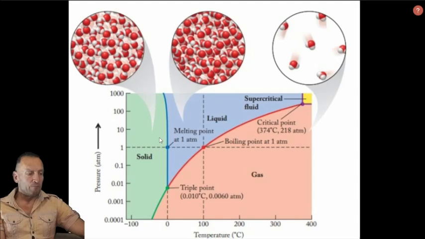Now look at it. If we reduce the pressure at almost 0 degrees, just a little bit above 0 degrees, we're going to go to a point which is called the triple point, which is a very interesting point. The triple point is the point where, as you can see, water exists as a liquid, as a solid, and as a gas.